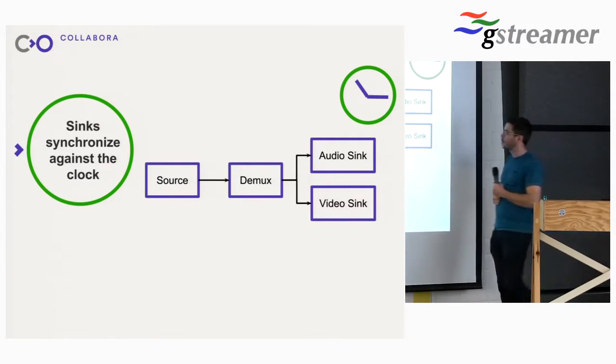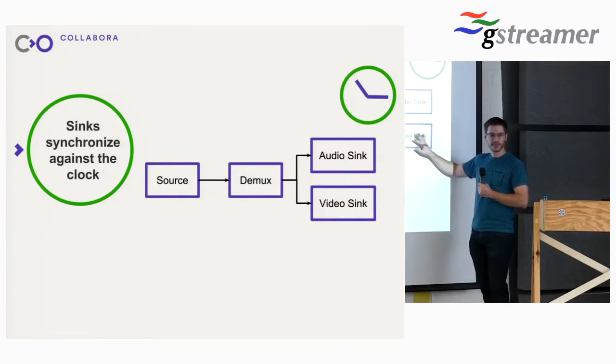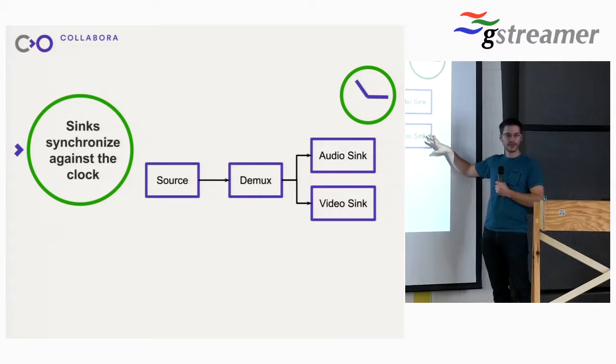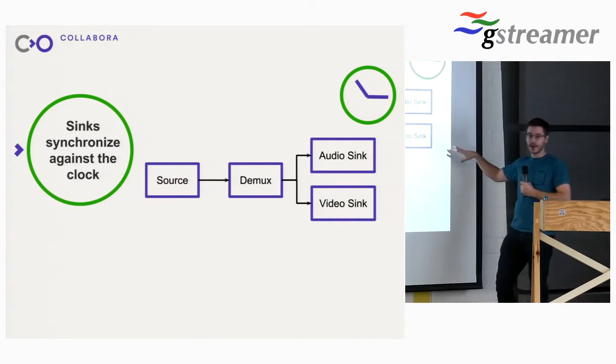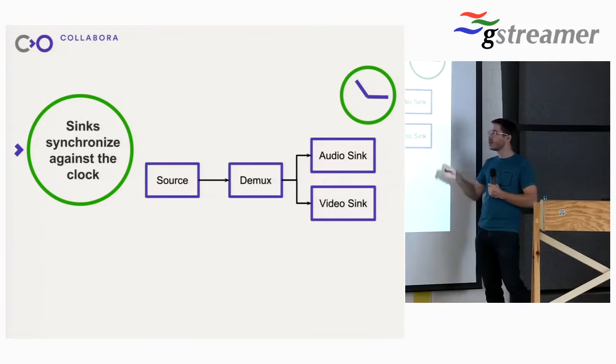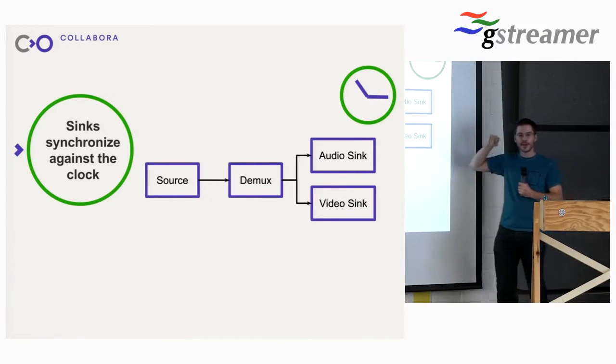What happens is that you get a segment that travels to your sink, and then eventually you get buffers that will reach there. From the buffer time and the segment, you're going to convert to running time. And then from that running time, you can offset to your clock. And then you can ask the clock object, could you wait until that moment?